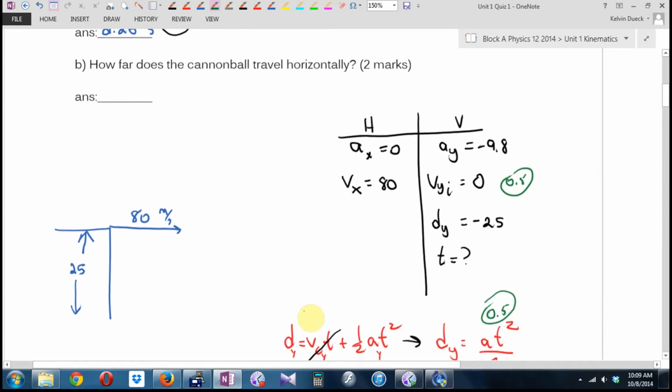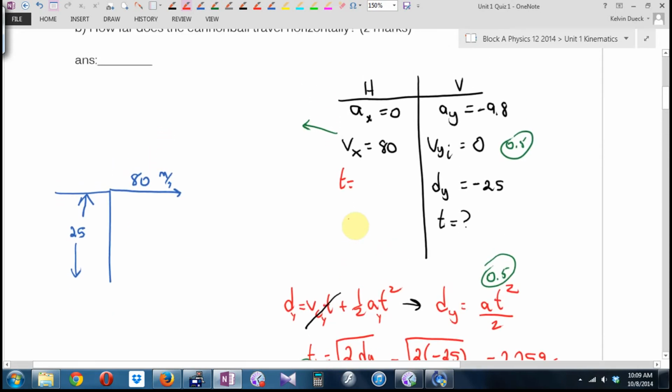B, how far does the ball travel horizontally? Well, I'm going to do it over here, and I'm going to make a little note to myself that I now know that t equals 2.259, and they want me to find dx. So if I take that over here, I get dx equals vxt.